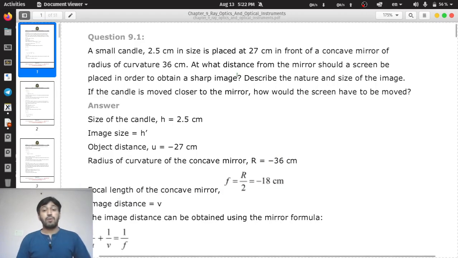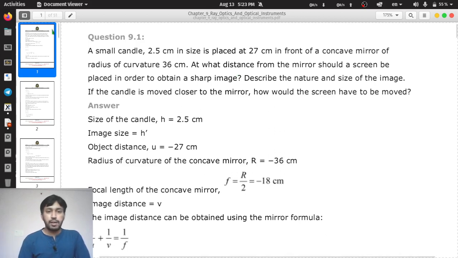First, you have to see what quantities are given in the question. This is very important. First write down all those quantities which are given, then see what you have to calculate, what quantity you have to derive, then apply the proper formula.